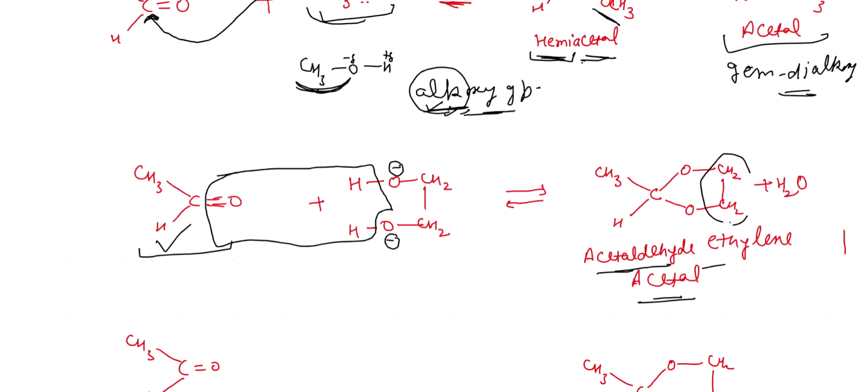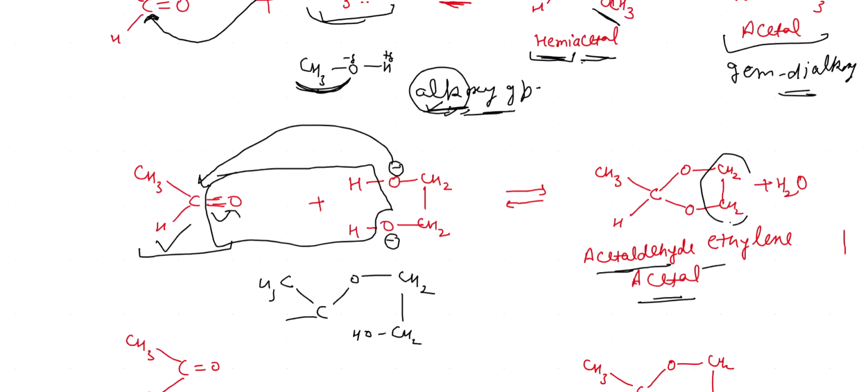The first attack is by this on the carbonyl, then there will be electromeric shift, then the intermediate will look like this: O, CH2, CH2, OH, H, O negative.